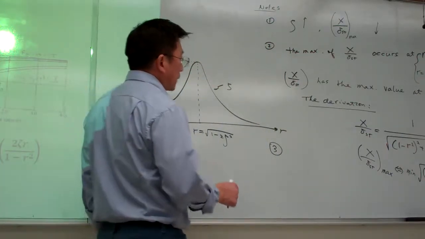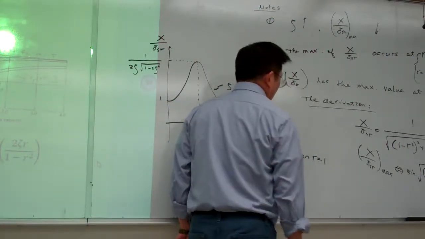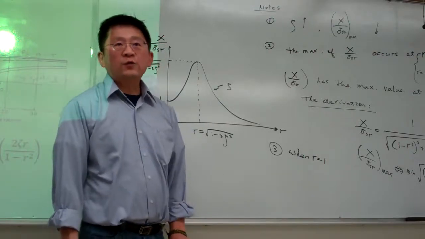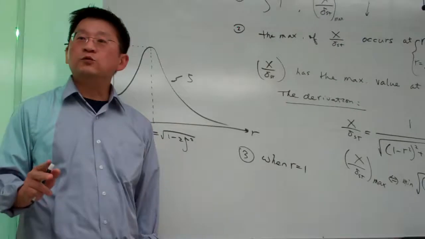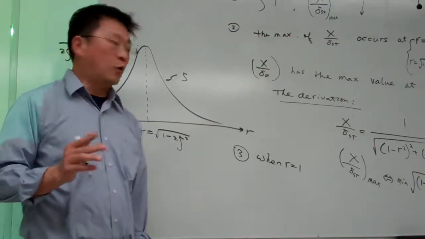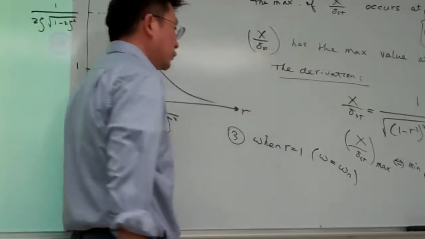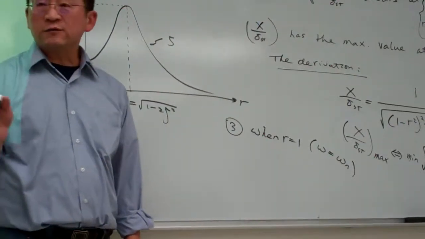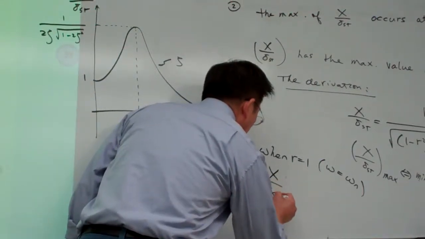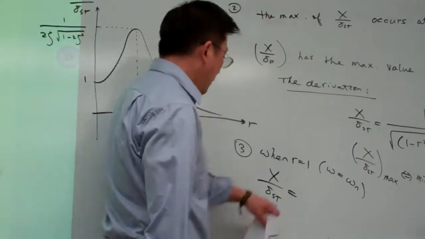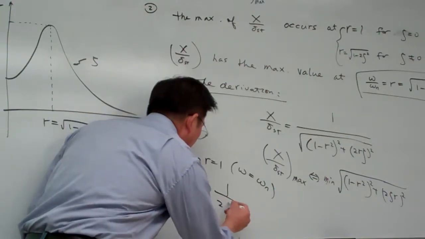For the third one, we know that when R equals 1, in particular, if we operate a system at its resonance frequency, which means we operate the system when omega equals omega n, that means we choose our working frequency at the resonance frequency, then we see what happens. Under these situations, we plug in R equals 1 into the equation, and that's simply equal to this one.